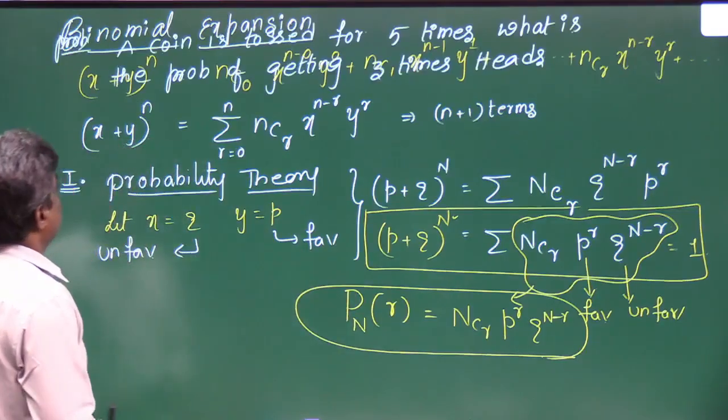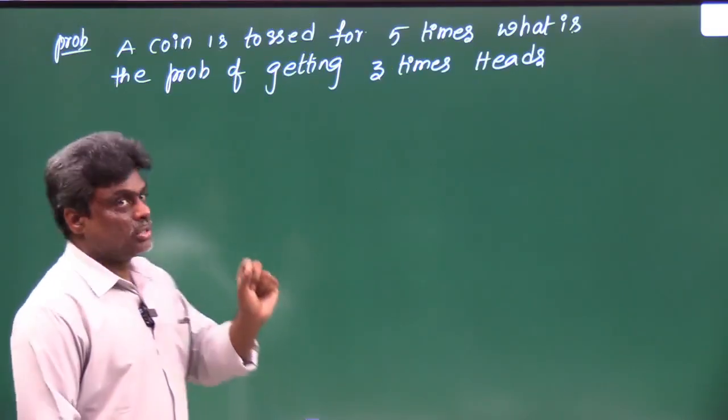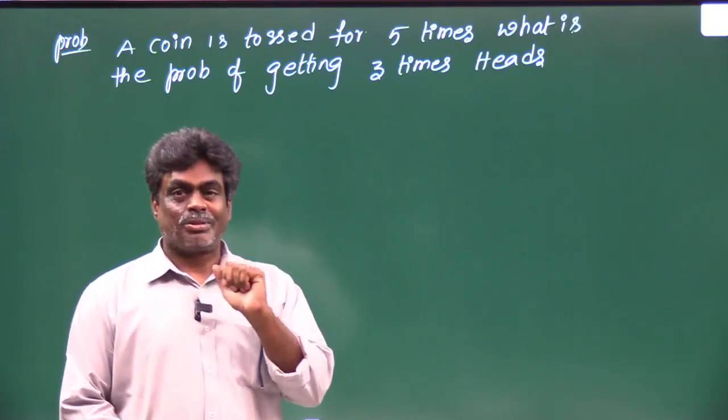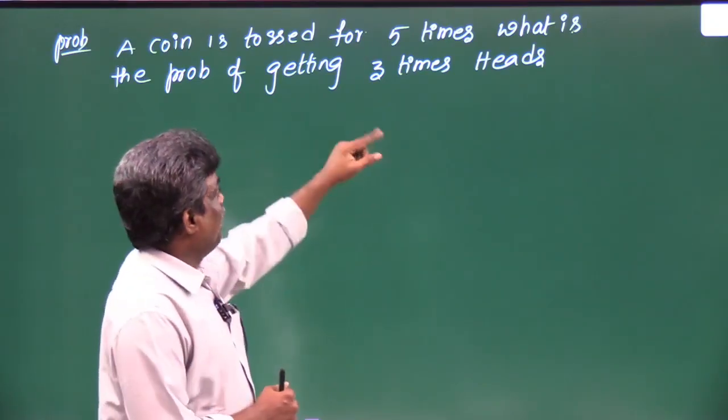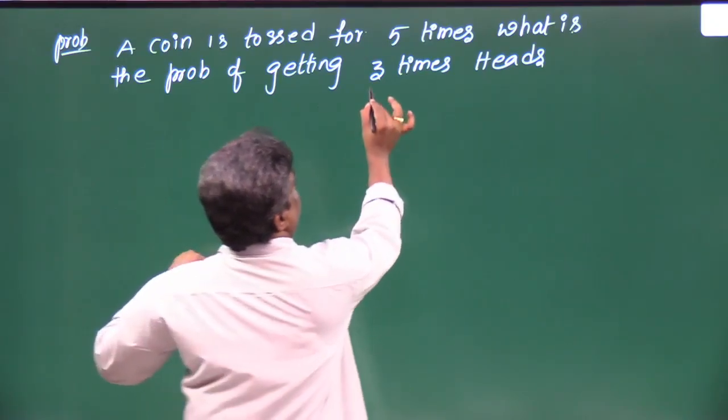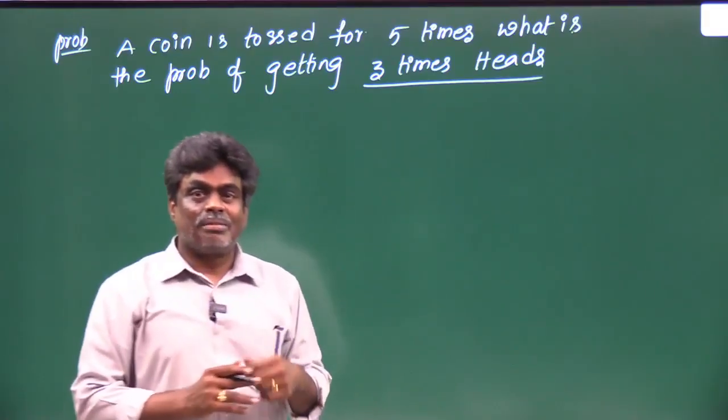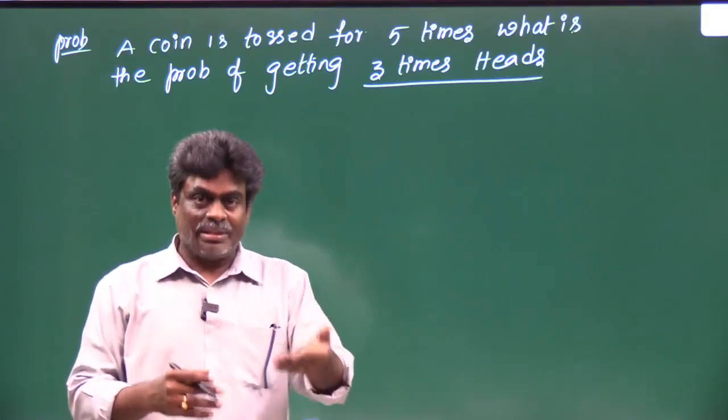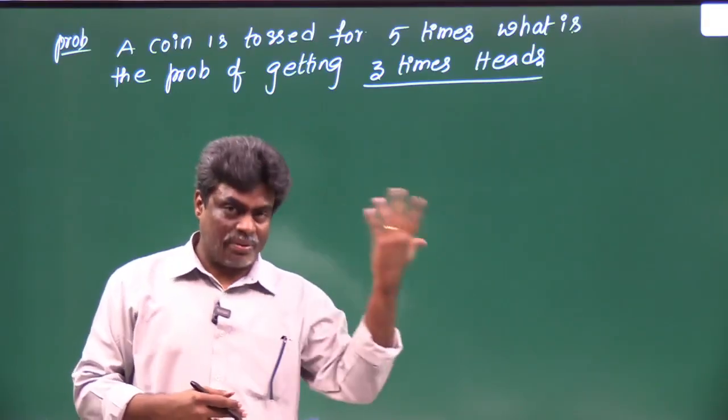Let me take a problem. See this one. A coin is tossed 5 times, so capital N is 5. What is the probability of getting 3 times heads? That means 3 times you want your favorite, and your favorite is head.